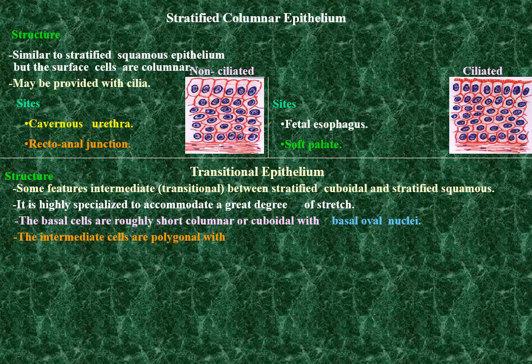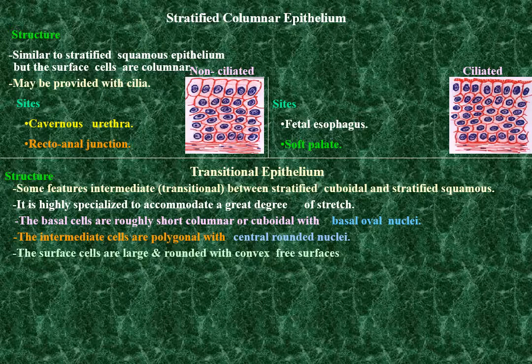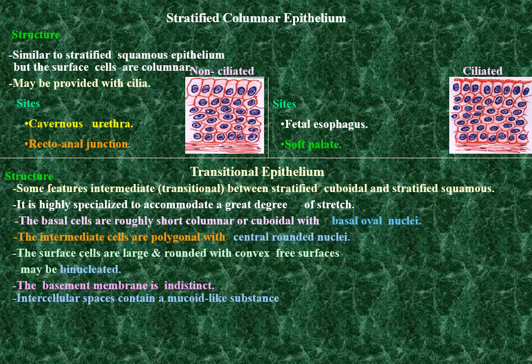The intermediate cells are polygonal, with central rounded nuclei, and the surface cells are large and rounded, with convex free surfaces and may be binucleated, containing 2 nuclei. The basement membrane is indistinct, and the intercellular spaces contain a mucoid-like substance which allows gliding of the cells.